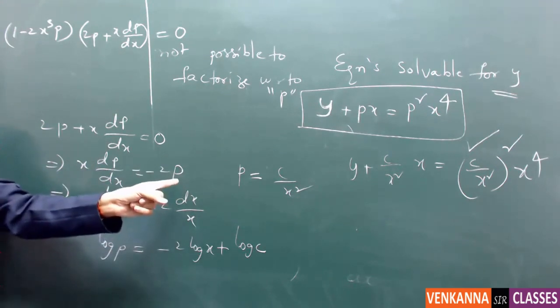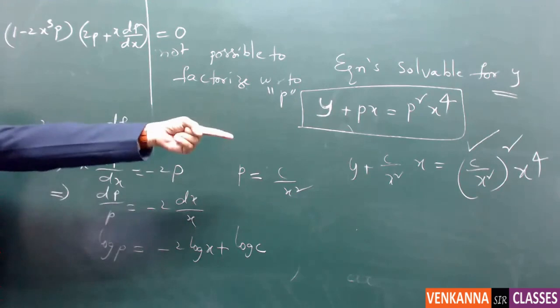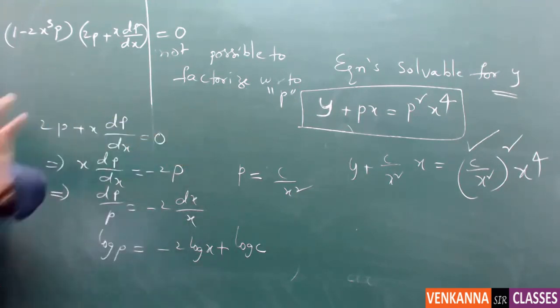So solution is nothing but we are evaluating an expression for p that will be substituted in the given differential equation, which gives the final answer. Okay. If any procedure or approach has a doubt, you can ask. Otherwise, I will take the other concept in this module.